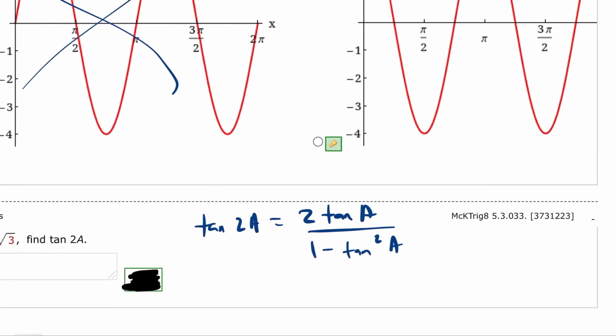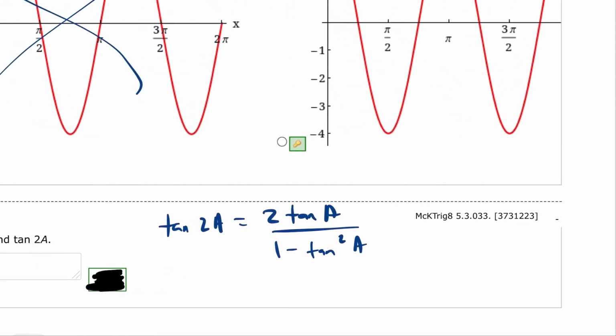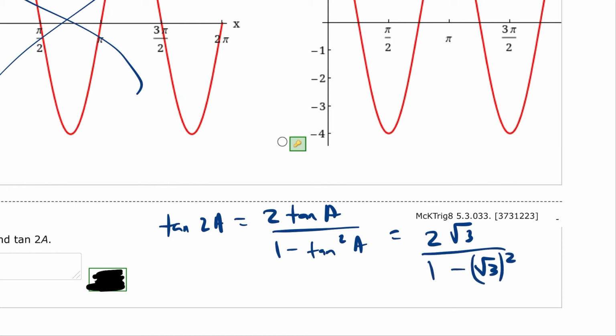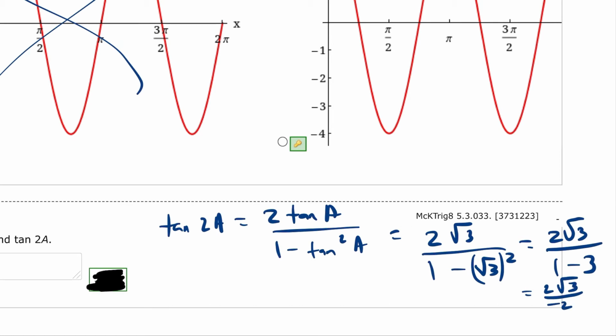It's radical 3. So this is going to become 2 times radical 3 over 1 minus radical 3 squared. And that would become 2 radical 3 over 1 minus 3, which is negative 2. So that's going to be 2 rad 3 over negative 2. So our final answer is going to be negative radical 3.